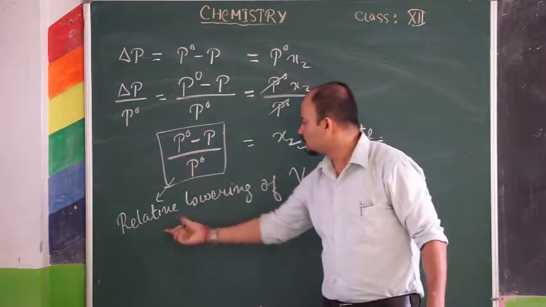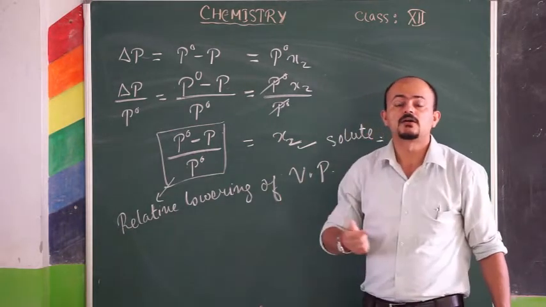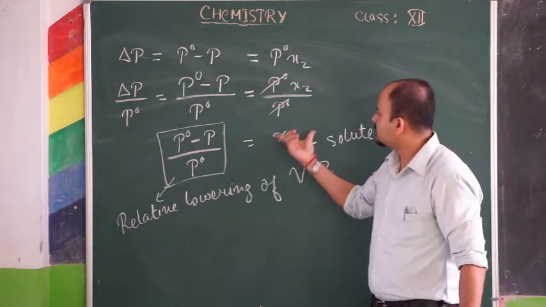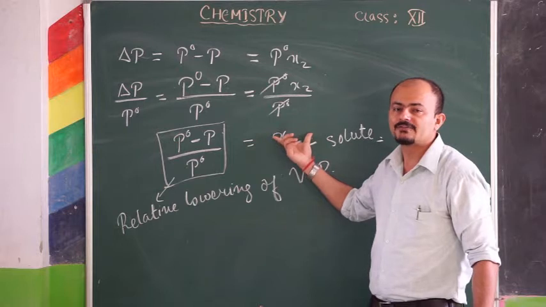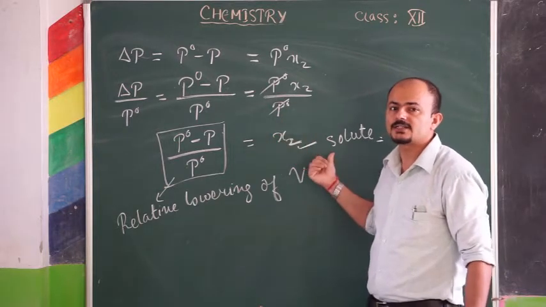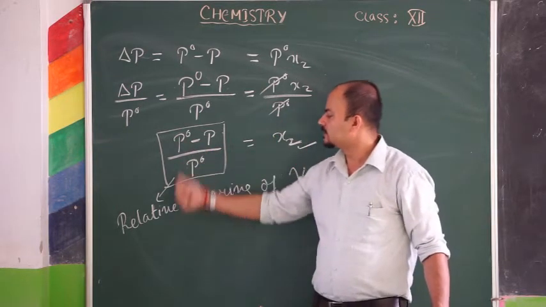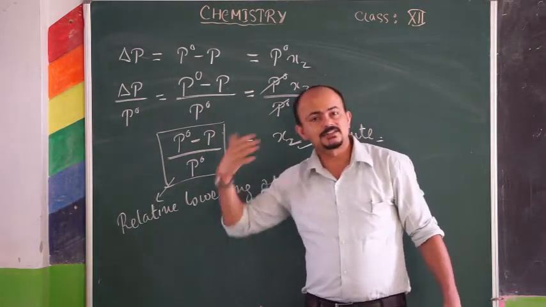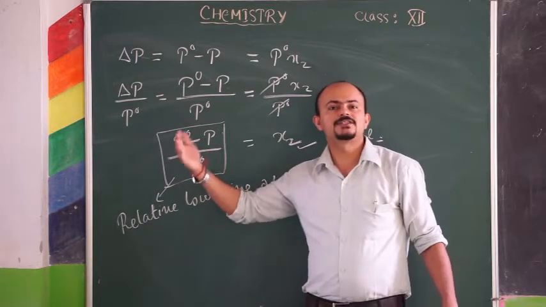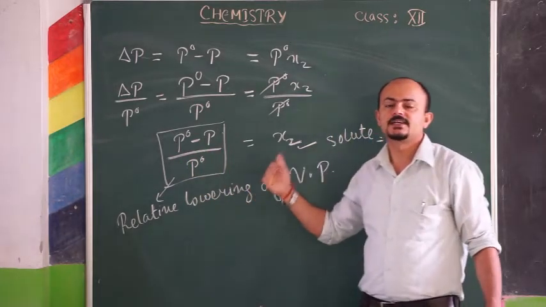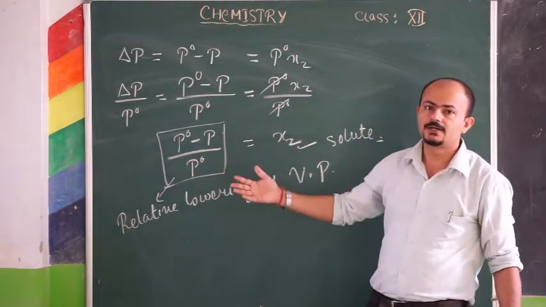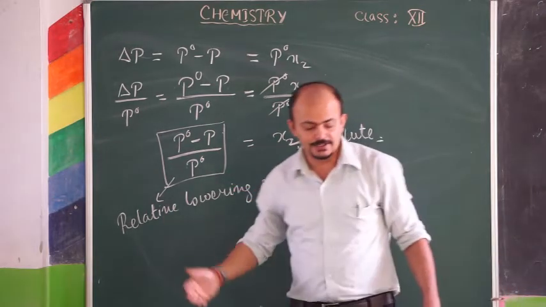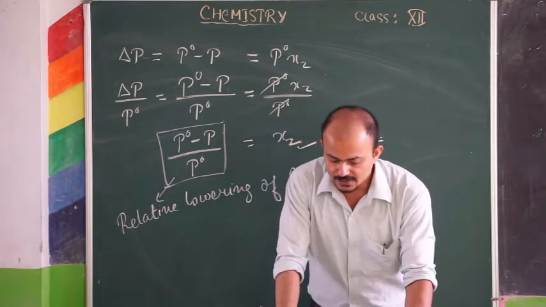Therefore, this relative lowering of vapor pressure is a colligative property. If you increase the mole fraction or the number of moles of solid particle, then the relative lowering of vapor pressure will also change, either it increases or decreases. Here in this case, it will increase. More the number, more will be the relative lowering of vapor pressure.